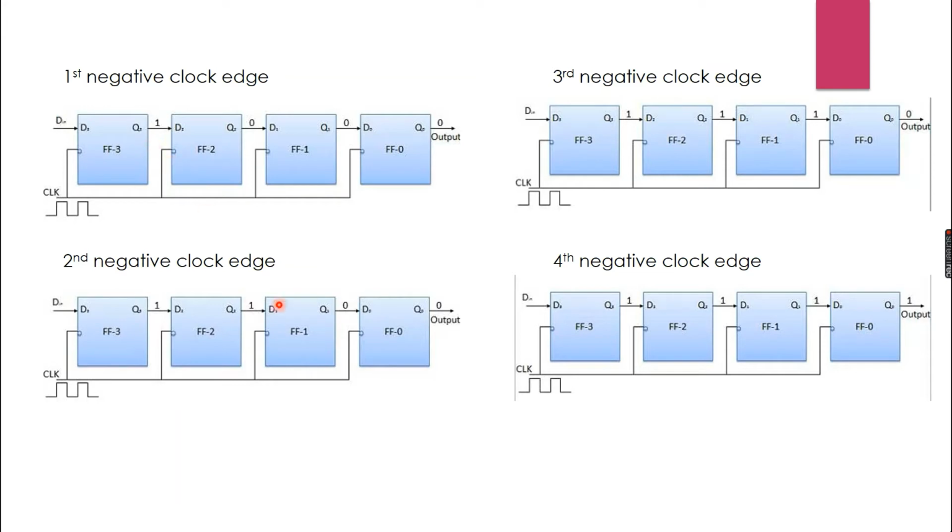After the second negative clock edge we give the second input, and D3 remains 1, Q3 remains 1. Now D2 takes the previous output from Q3, which is 1. Now Q2 will become 1 also because it stored D2, and Q1 remains 0 because of the last input from Q2, and D0 remains 0 and Q0 remains 0.